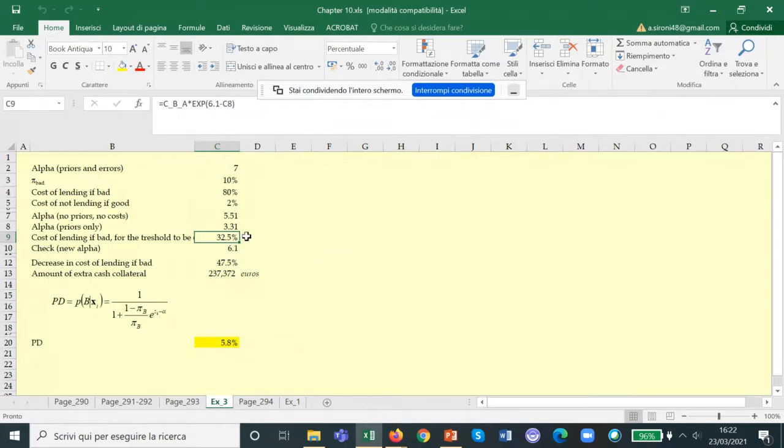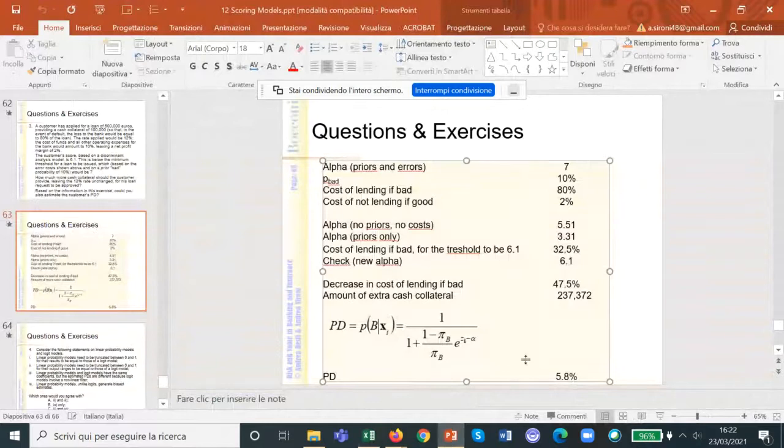Therefore, if you want it to be 32% and it's actually 80%, you have to decrease it by 47%, i.e. you have to add an amount of extra collateral, which is 47% of the exposure, okay?